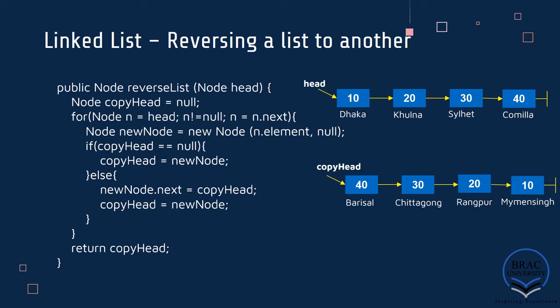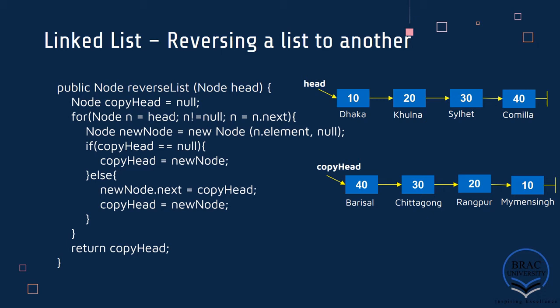Otherwise, what we have to do is just connect new node.next to the copy head and modify the copy head reference to the new node. So in the previous case, what we were doing was copy head.next = new node, but here we are connecting the link in reverse order. So basically we are already generating in reverse.